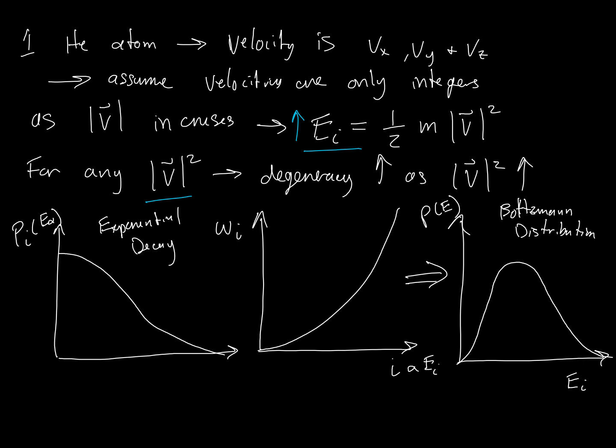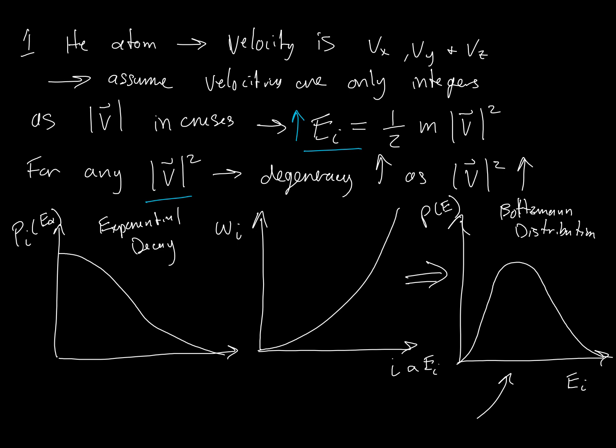So when we're looking at a box or a jar of gas, not every single gas molecule has exactly the same velocity. They follow the Maxwell-Boltzmann distribution of velocities, which at its core is a distribution of basically weighting.